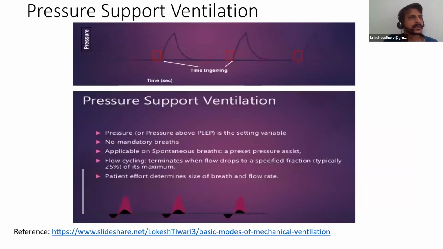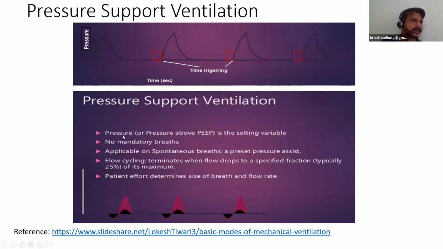After that, let's come on to pressure support ventilation. So when you come to pressure support ventilation, it is pretty evident that the name itself says, this is just support. So this ensures that your patient is just breathing normally, and this just aids it.